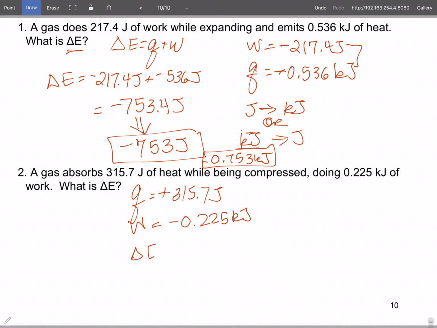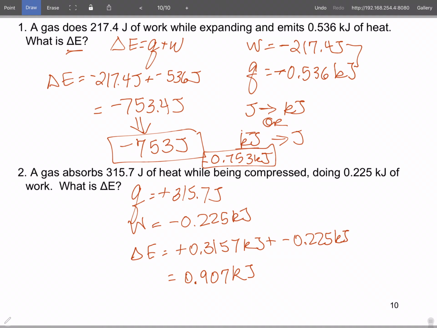Delta E is going to be equal to positive 0.3157 kilojoules plus a negative 0.225 kilojoules. So that's going to give us a whopping 0.907 kilojoules. But when we go to add it together, we have three significant figures. So we would report it in three significant figures.